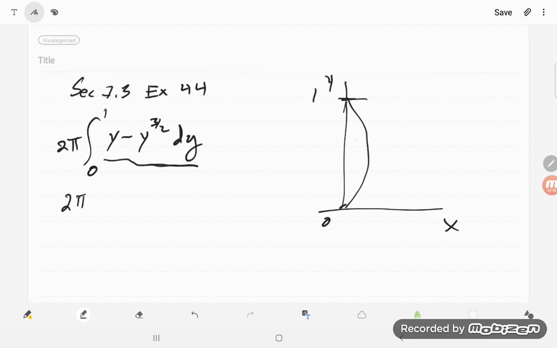okay, so I got my region wrong here, actually, now that I think about it, because we needed a 2 pi r h. Well, I didn't take care of the r here. I think the r is y, so I should have factored out a y.